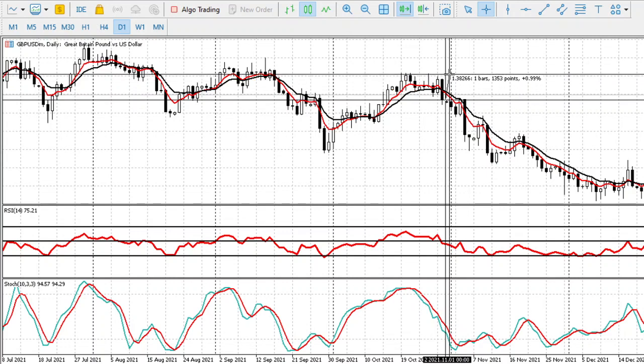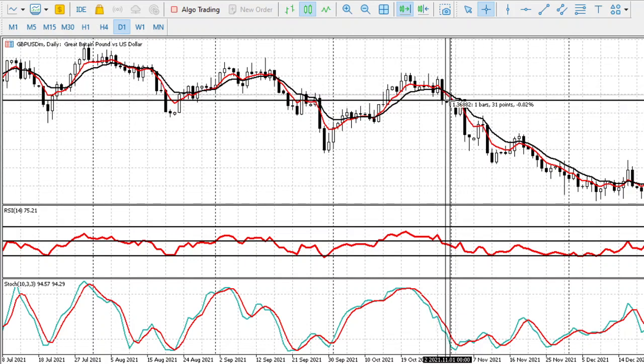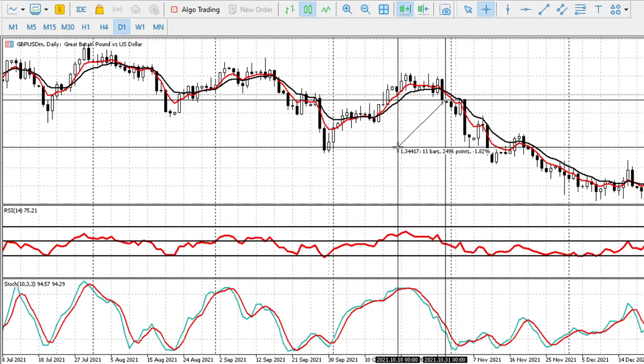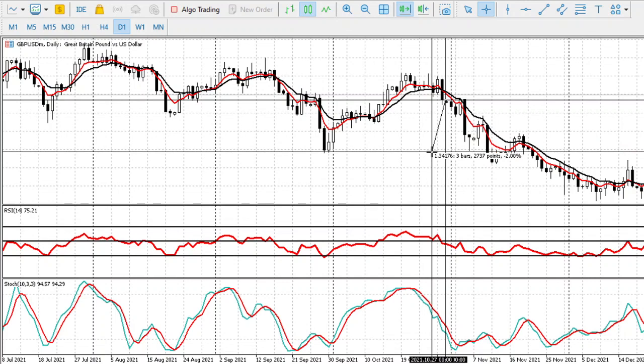So now, if I say that you'll be risking $11 in this trade, your first take profit would have been this support area, that is, you'll be targeting 273 pips.